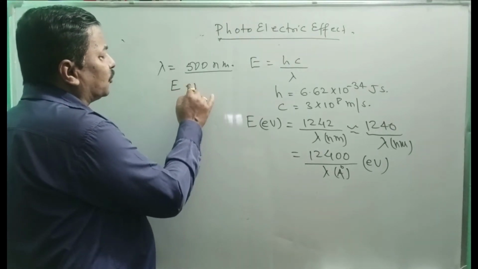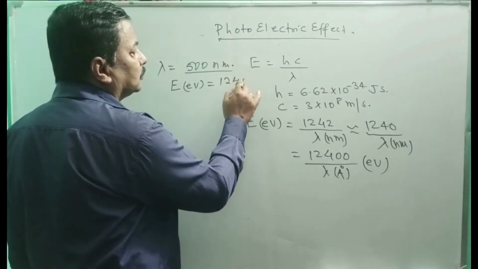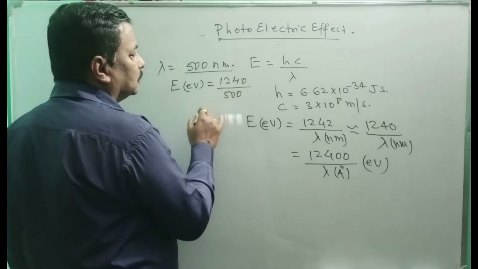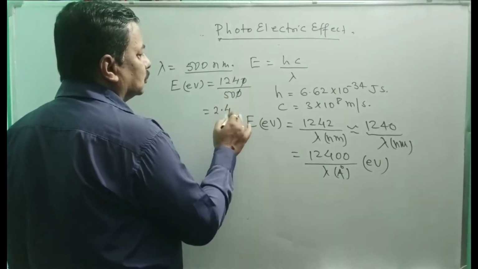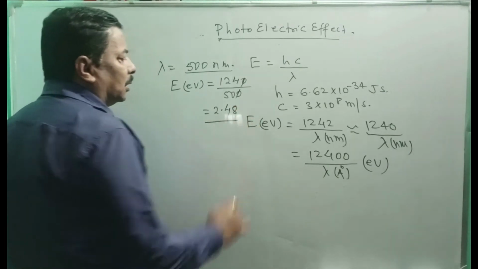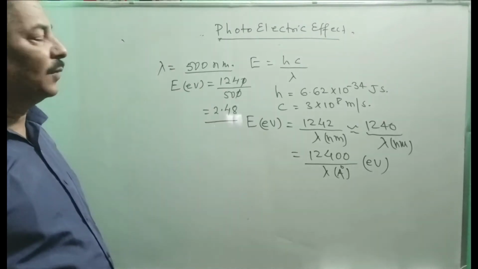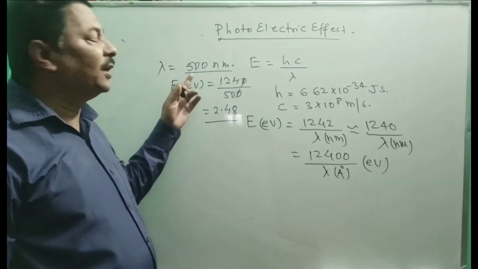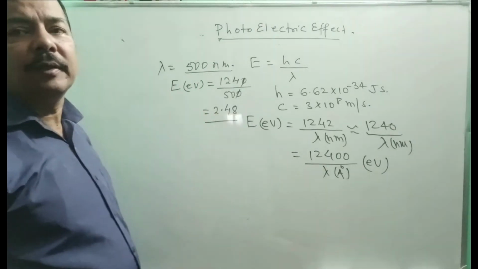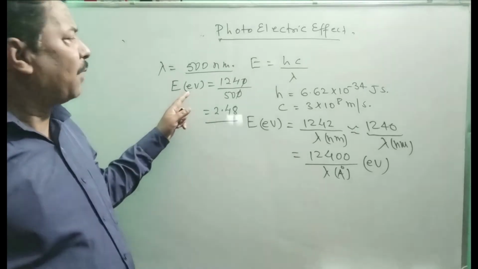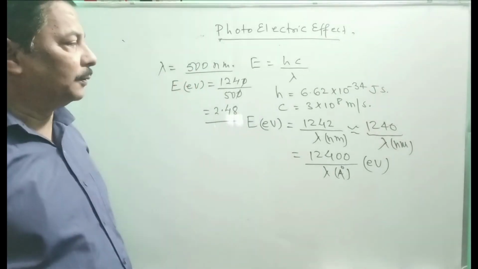Naturally, E in electron volts will be 2.48 electron volts. That means light of wavelength 500 nanometers has an energy of 2.48 electron volts. We can easily find the energy in electron volts if the wavelength is given.